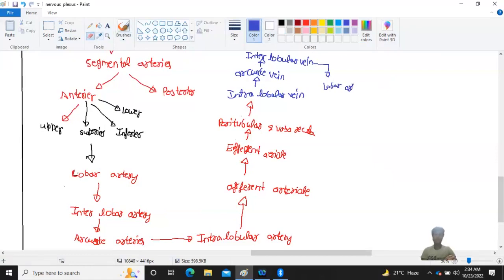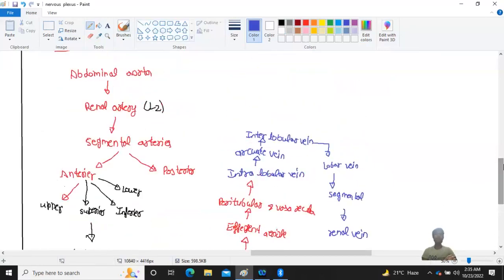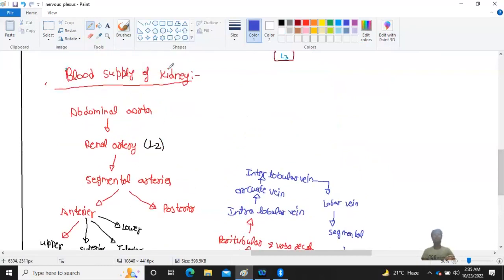Similar pattern like the artery. Then segmental, then renal vein. So this is the whole blood supply of the kidney, how it supplies the organ basically.